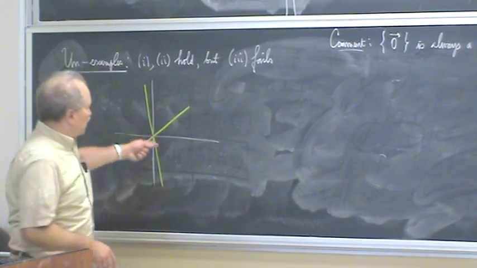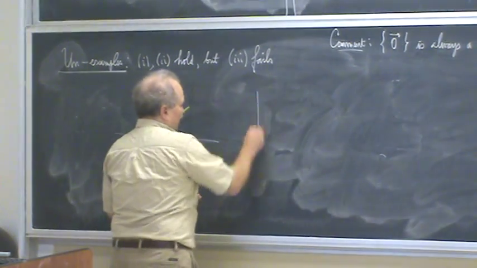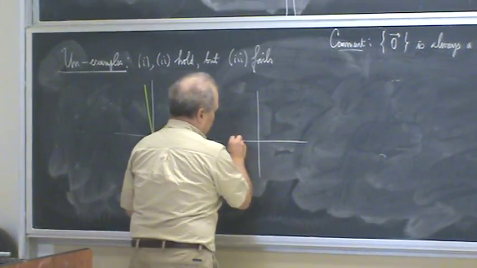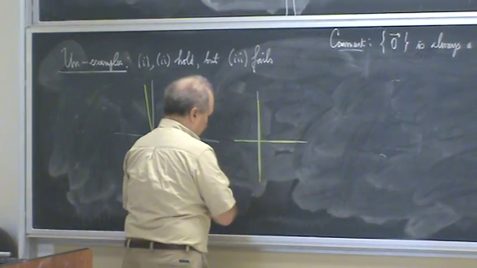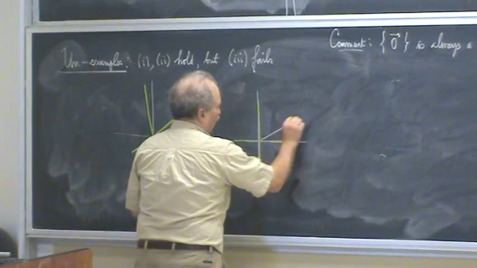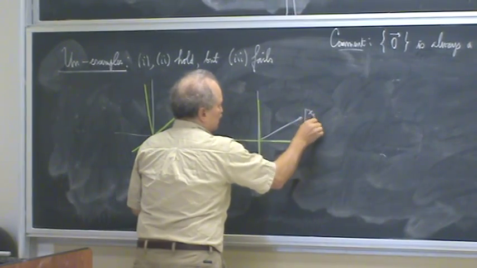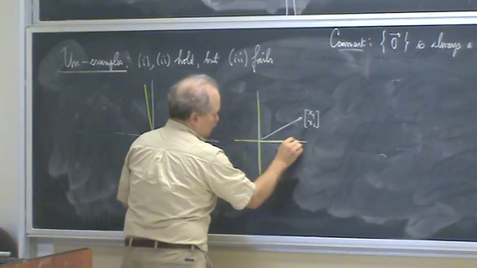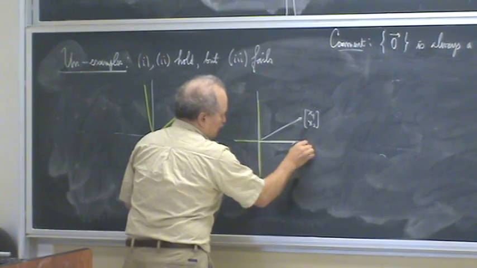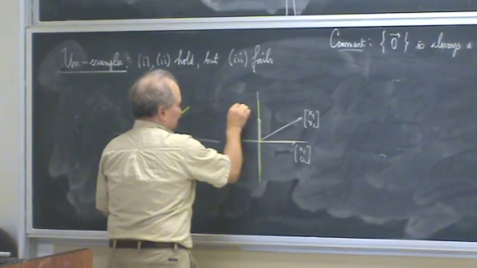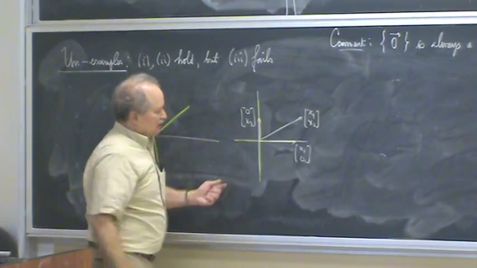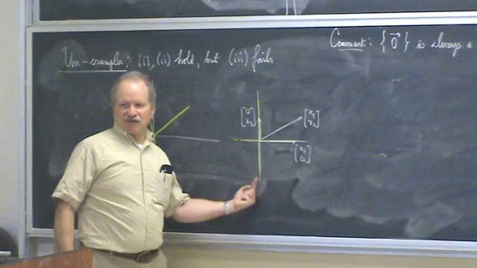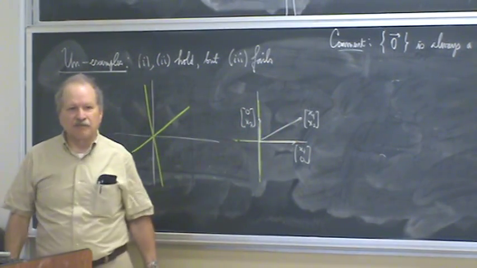If it were the axes, then it would be totally obvious to you. Agreed? Any vector of the form x1, x2 can be obtained by taking x1, 0 plus 0, x2. So you have a vector in this line plus a vector in this line giving you an arbitrary vector.